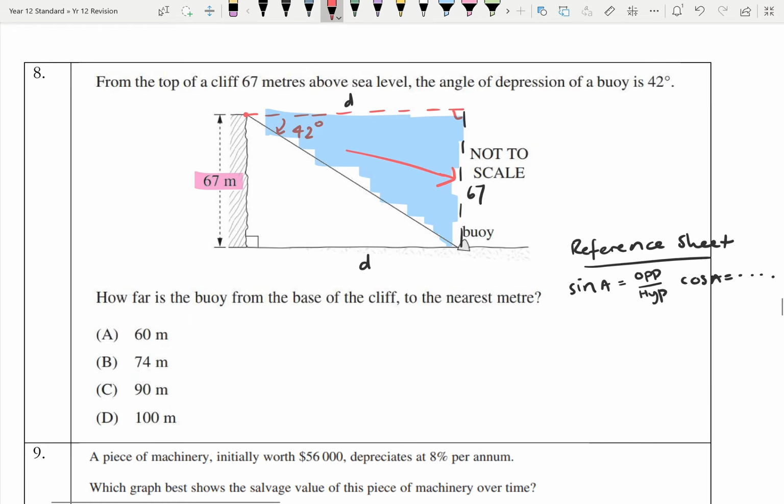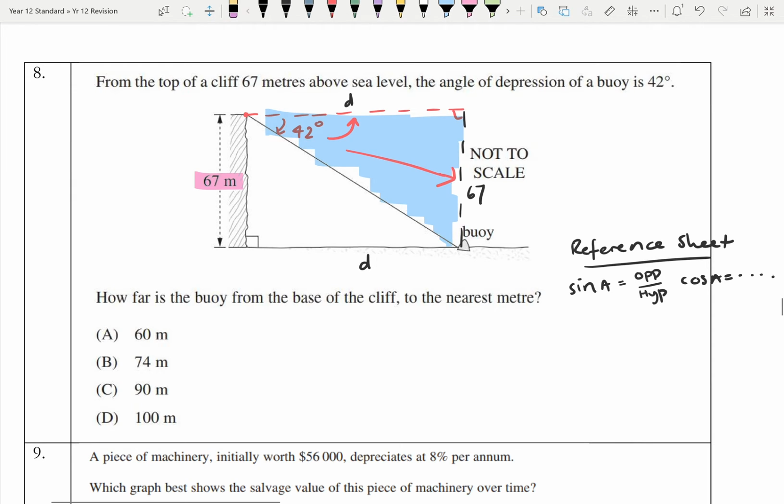And I also have the side that is adjacent to that angle, so next to it. The only other option is the hypotenuse, which is always going to be the diagonal, the longest side, and it's always opposite that little box. So that's a really useful thing to be able to remember, just to be able to look at a right angle triangle and an angle and spot what sides I've actually got.